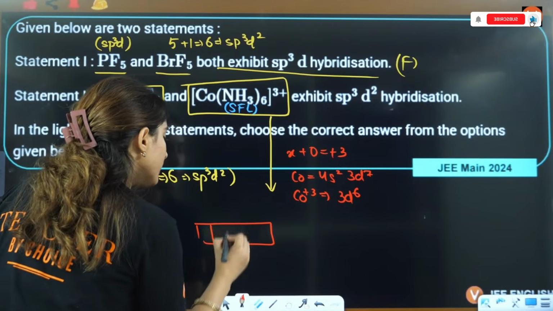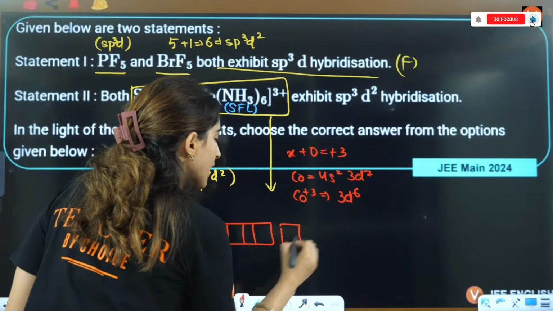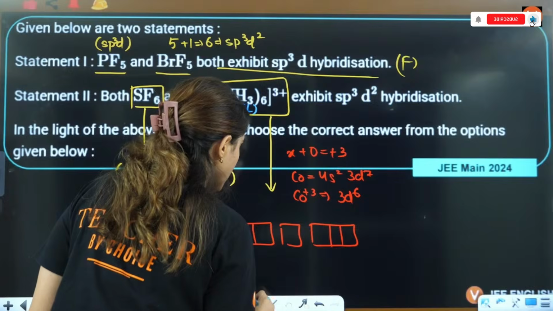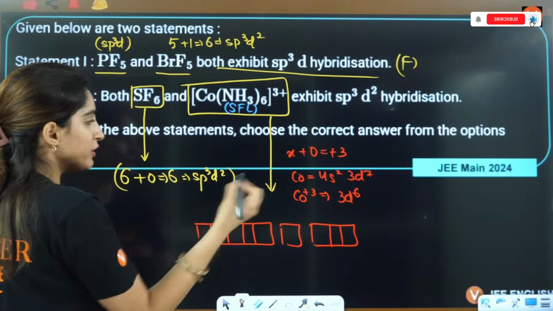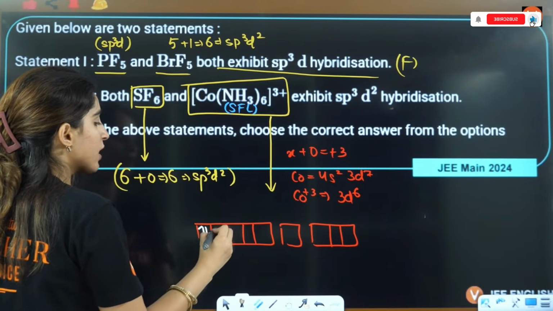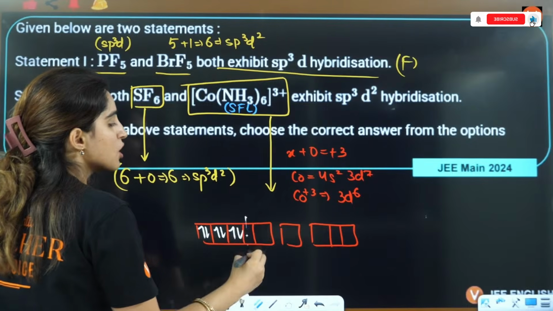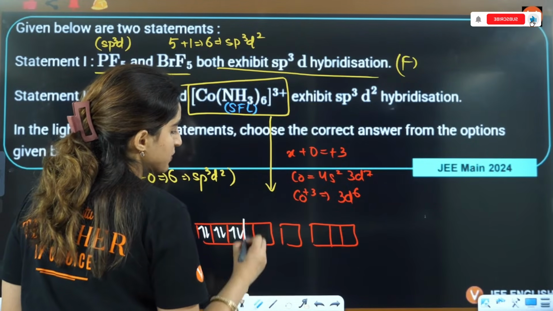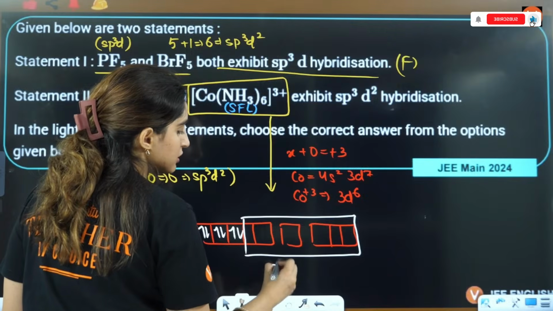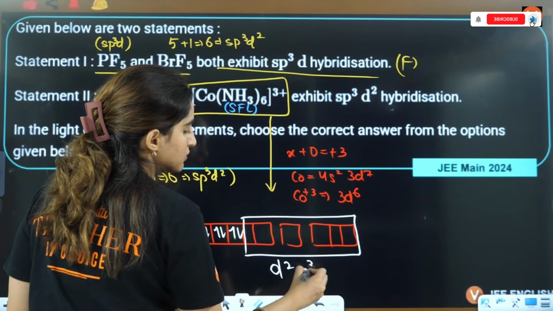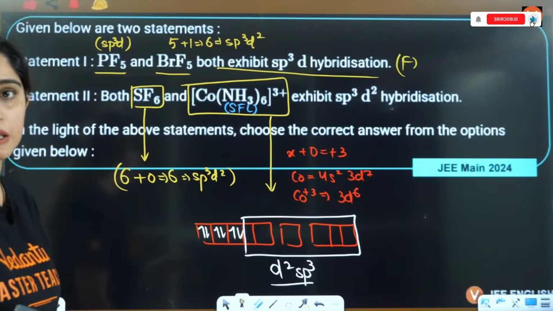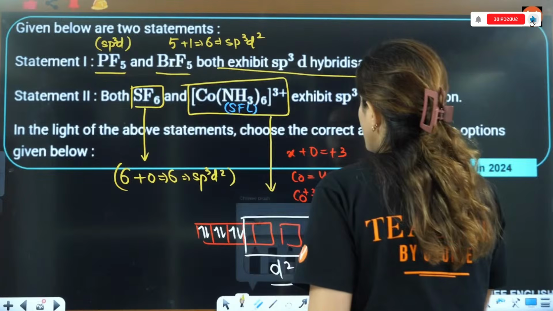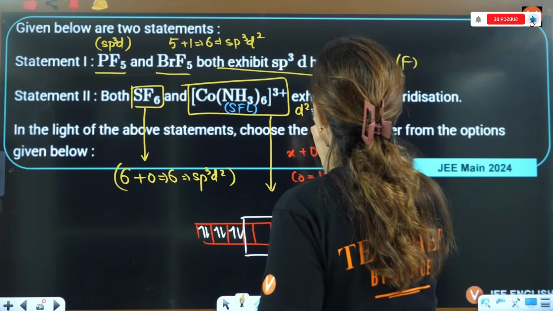Now you will have this S and this as P. Now if you see, when you fill the electrons, that's a strong field ligand, 1, 2, 3, 4, 5, 6. So you will be left with d2sp3. That is going to be the answer here. So here it is going to be d2sp3.